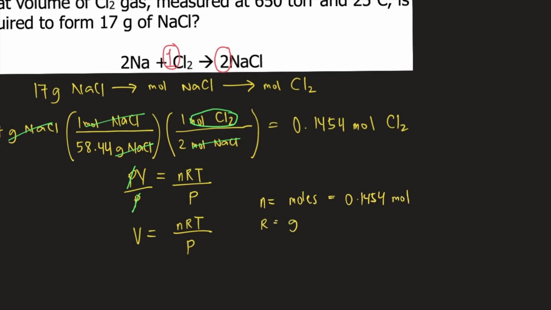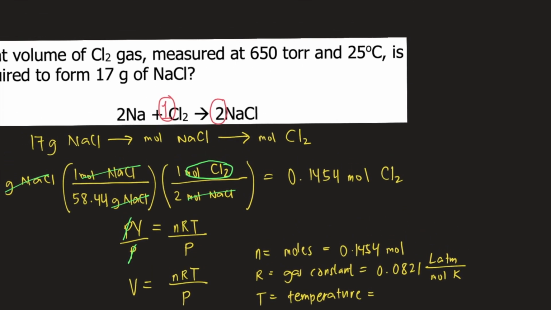R is the gas constant, which you should be familiar with. This is equal to 0.0821 liter atmosphere per mole Kelvin. T is the temperature, and the unit must be Kelvin. So you need to convert the given 25 degrees Celsius into Kelvin.